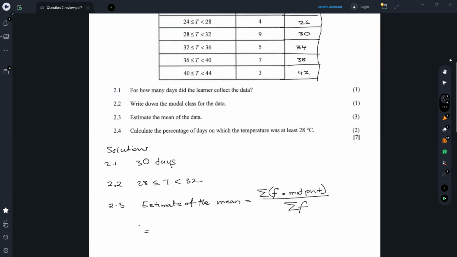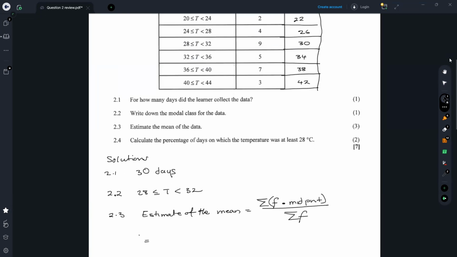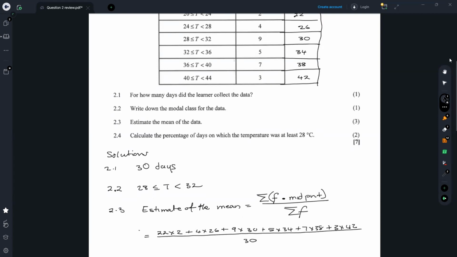So when we say estimate there, we can say equals to, and now we can write down this information. For the first one, we're going to have 22 times 2, plus 4 times 26, plus 9 times 30, plus 5 times 34, plus 7 times 38, plus 3 times 42, and all over the sum of the frequency, which is 30 like that.